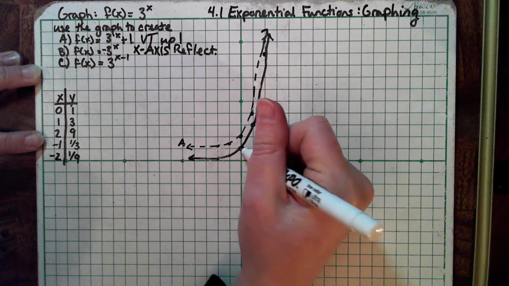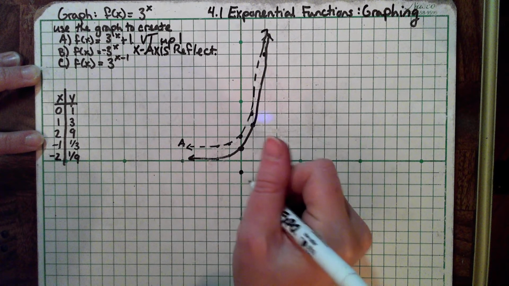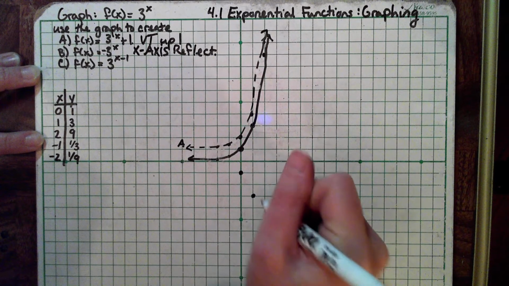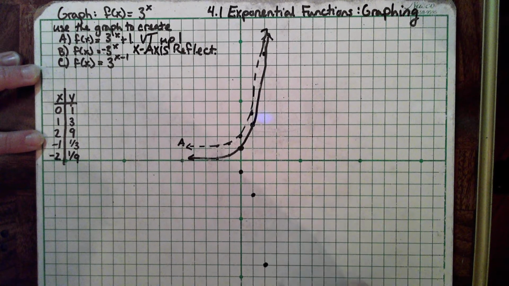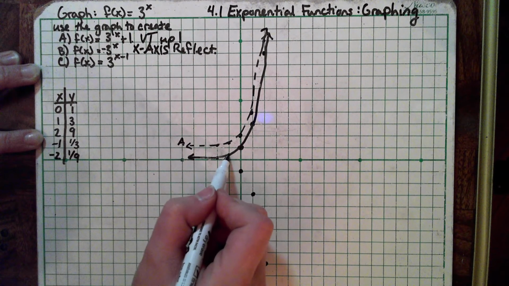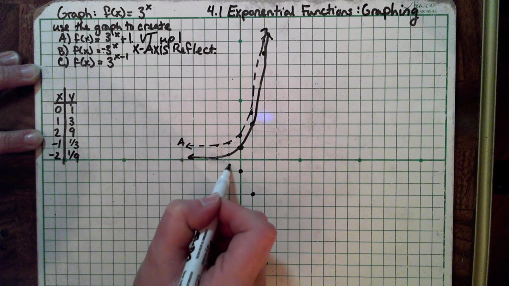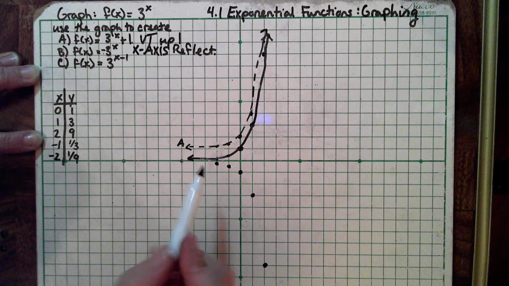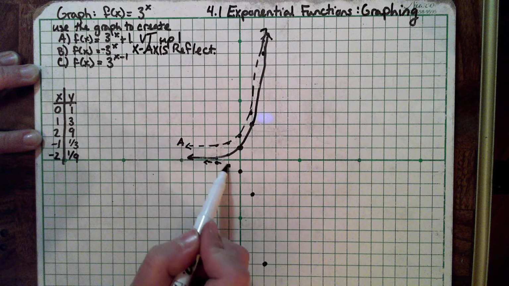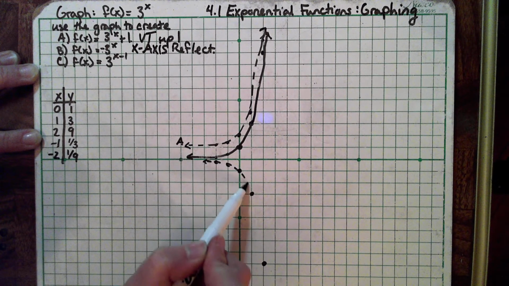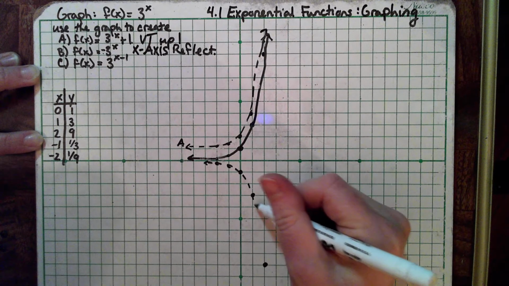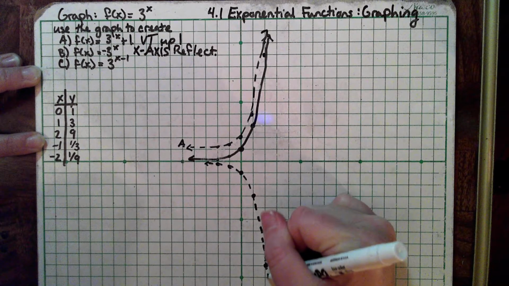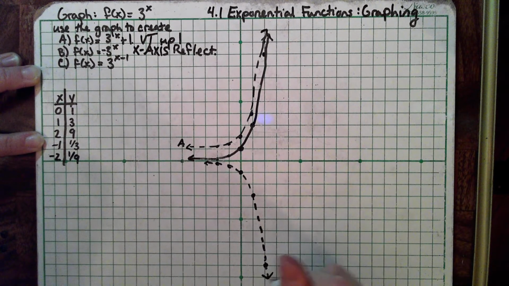So where I used to have +1, now it's going to be -1. +3 is going to be -3. +9 is -9. And then +1/3 is going to be -1/3. And +1/9 is going to be -1/9. So this time I'll remember to do the dotted line. This is my new function. Okay, and that's B.